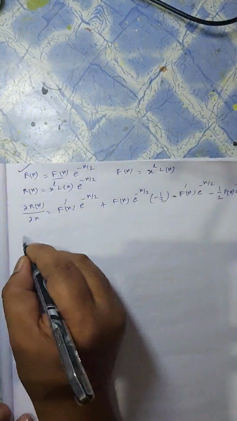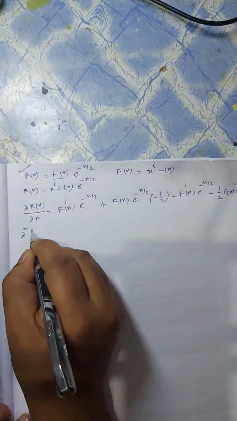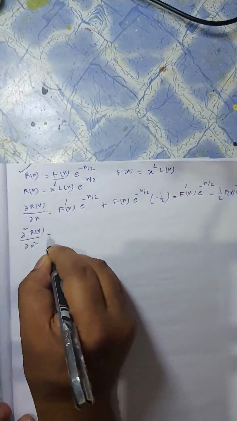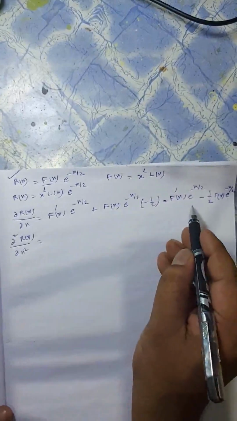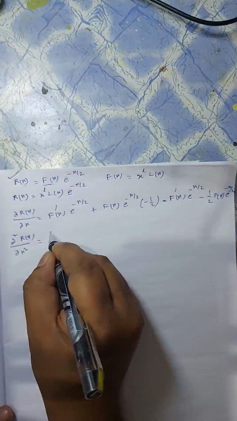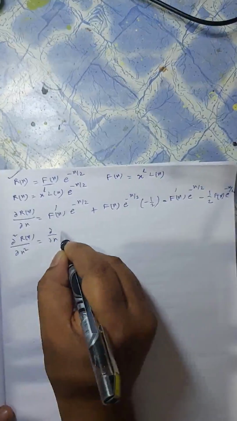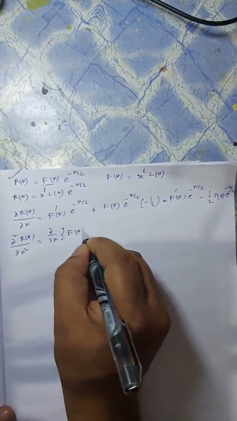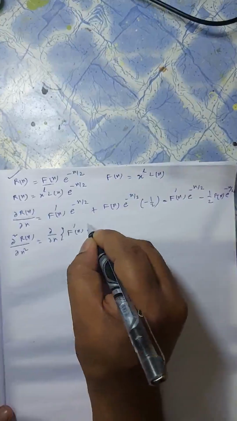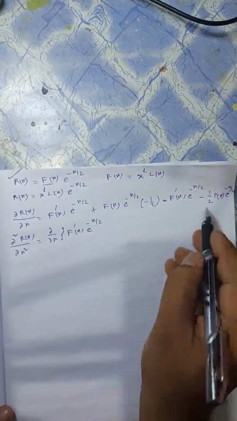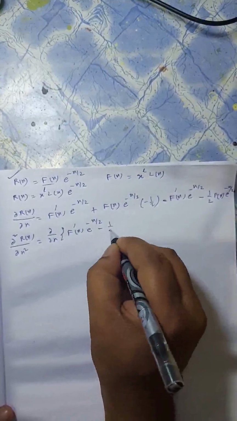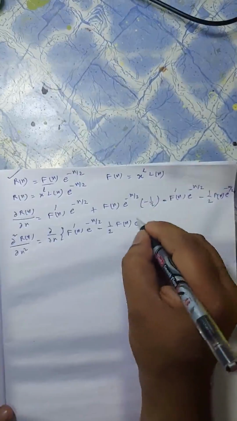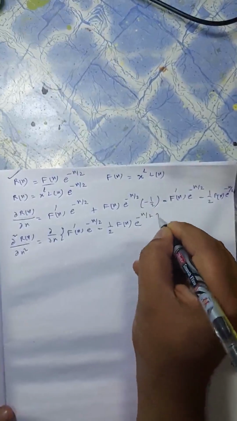Then we have to take the second derivative, ∂²R/∂x². What we take? Now the derivative of this equation, ∂/∂x of F'(x) e to the power minus x by 2, minus 1 by 2 of F(x) e to the power minus x by 2.